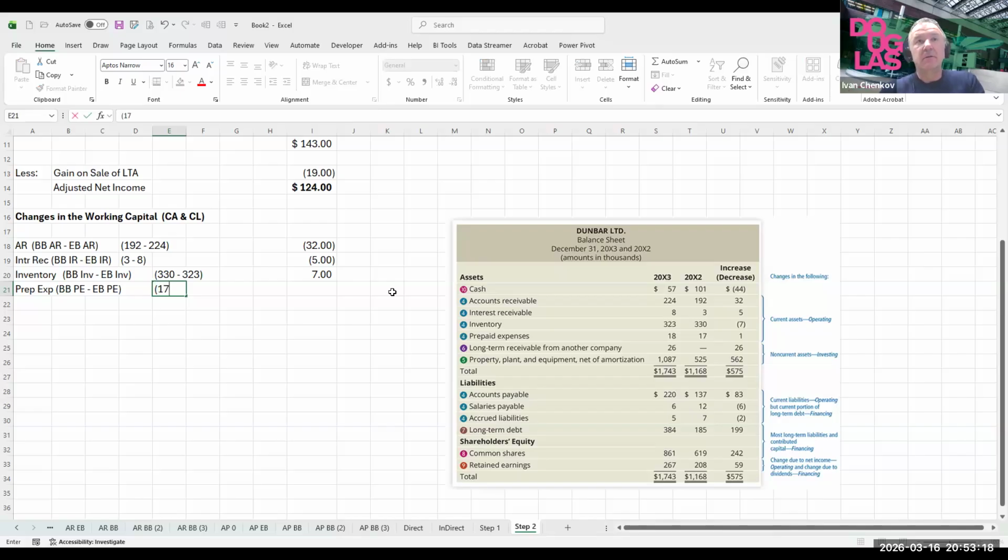We're gonna have 17 minus 18. Once we get the numbers, we're gonna have here 17 minus 18. So our cash went down with $1. What does that mean? Did we increase the prepaid expenses? Yes. That means we used the cash to pay for those expenses. So our cash went down with $1.